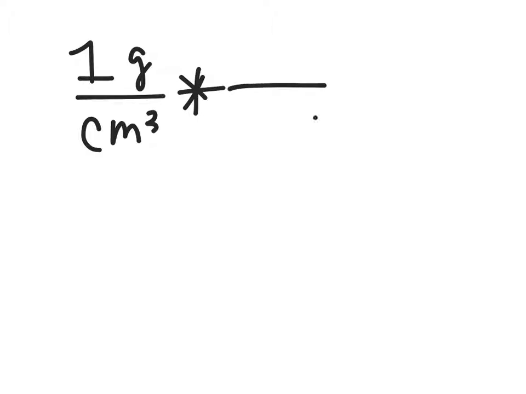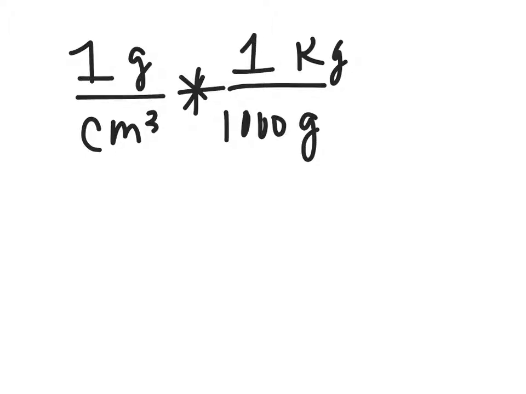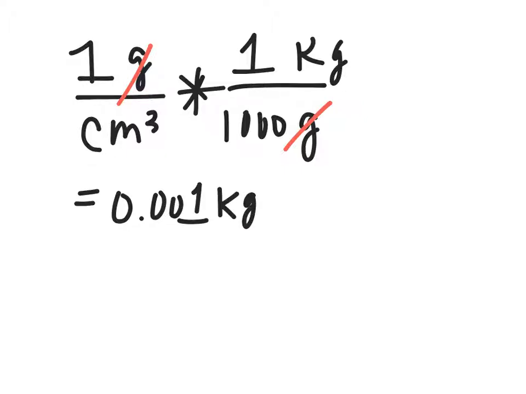We want grams to go away, so that's going to go on the bottom, and kilograms should stay on the top because that's the unit we're going to want to end up with in our numerator. So we know that there are 1,000 grams in 1 kilogram. So if I do that math, my grams are going to cancel out, and that's going to leave me with 0.001 kilograms per centimeter cubed.